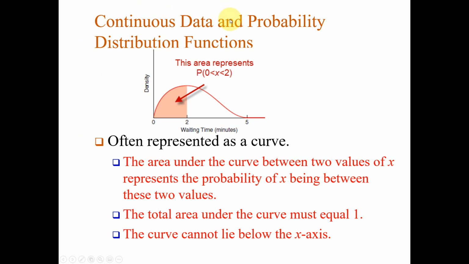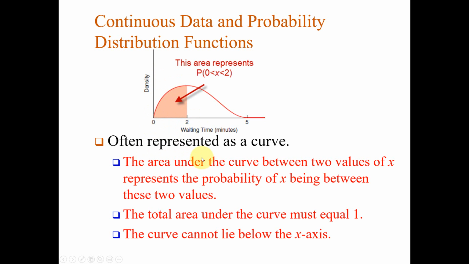So here's continuous data and probability, or PDFs. This curve is the waiting time and the density of people. So you can see that if we wanted to figure out the waiting time from 0 all the way up to 2, we could find it under this curve right here, from point a to point b, which is 2.